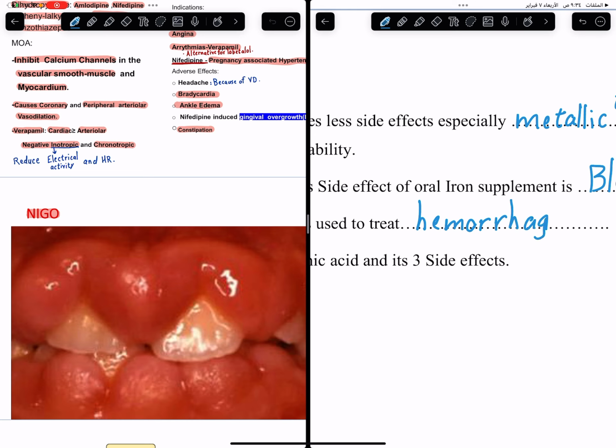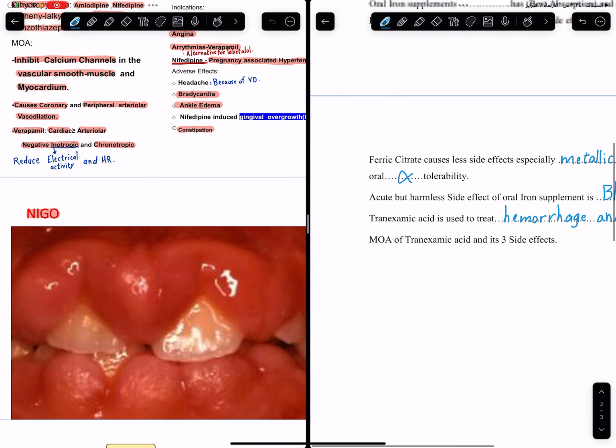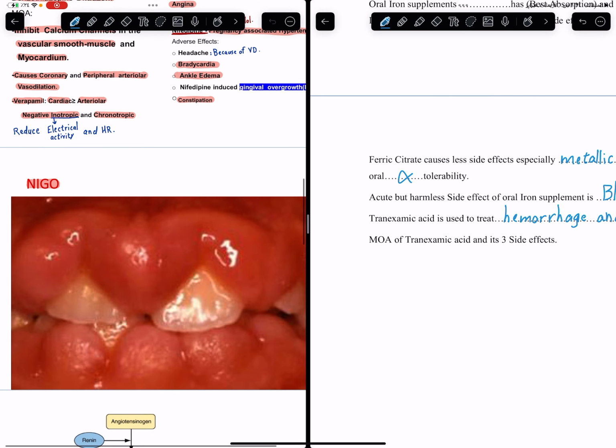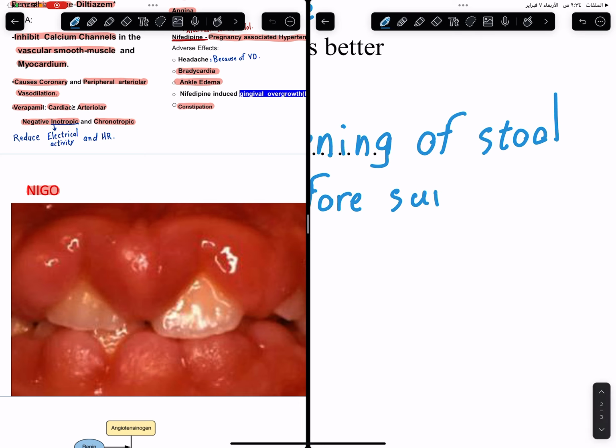Antifibrinolytic is the mechanism of action. Uses: surgery, before and after surgery; hemorrhage; tooth extraction; menorrhagia. All these are the uses.